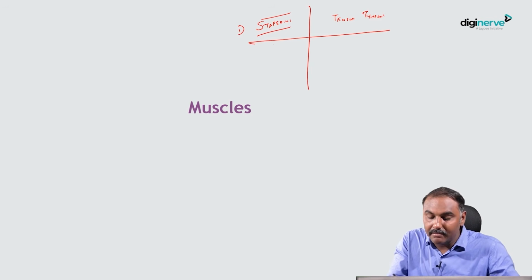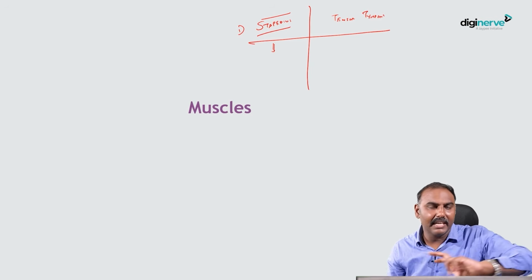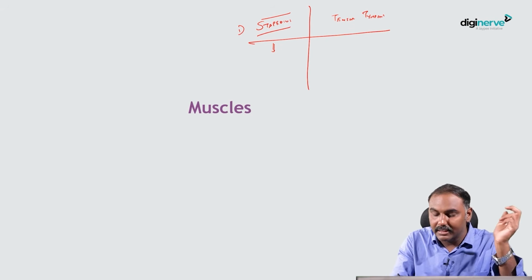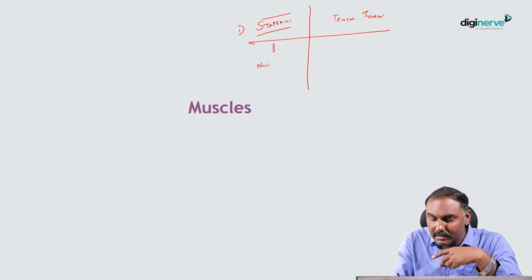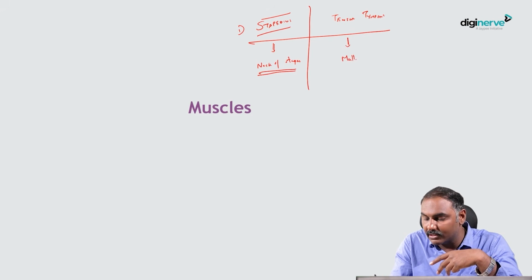Have it in mind. The name stapedius, where is it attached? Stapedius, what bone is there? Stapes. The stapedius is attached to the neck of the stapes. The tensor tympani muscle will be attached over the neck of the malleus.